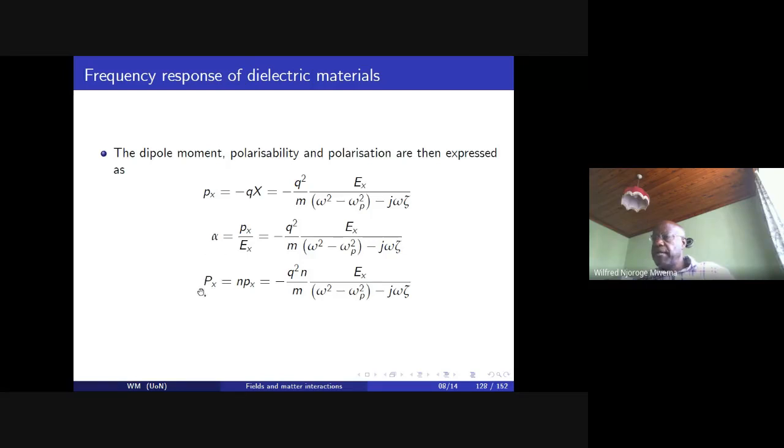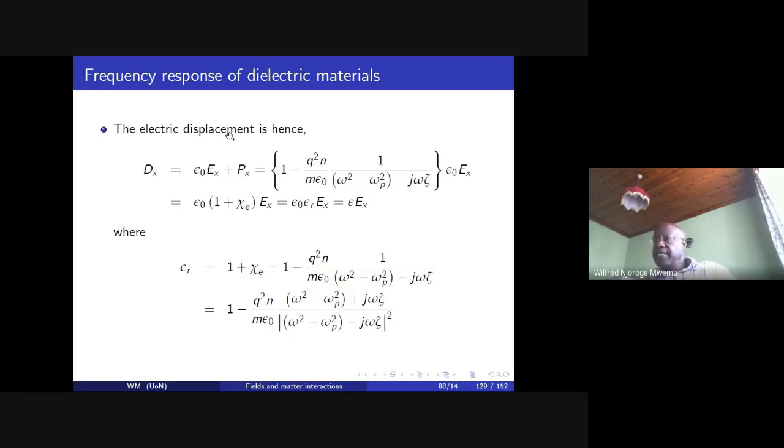And therefore, the polarization in the x component is going to be given by the dipole moment, multiplied by the number of dipole moments per unit volume, n, and we get that equal to that minus multiplied by that value there.